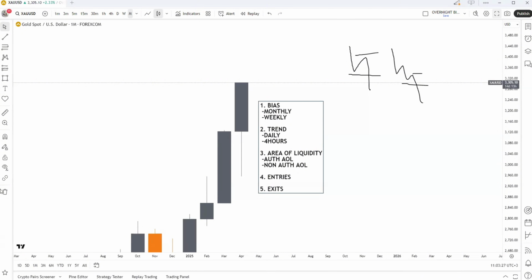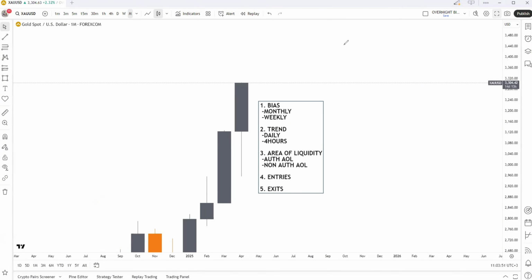Once you have spotted that, the other thing is to go to the areas of liquidity. For those who don't understand, an area of liquidity is simply the marketplace suitable for conducting business. We can't buy from anywhere in the market. We can't sell from anywhere in the market unless we have the areas of liquidity.